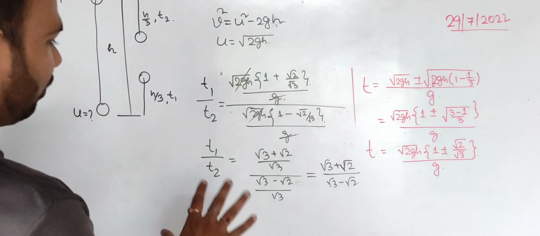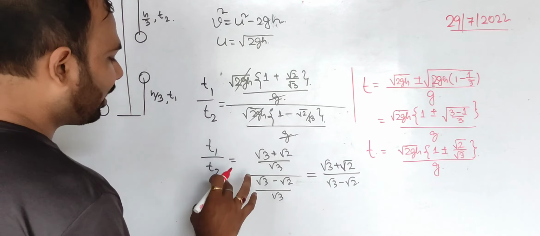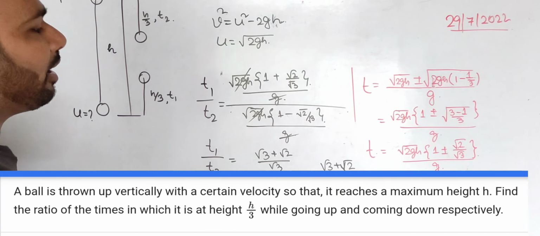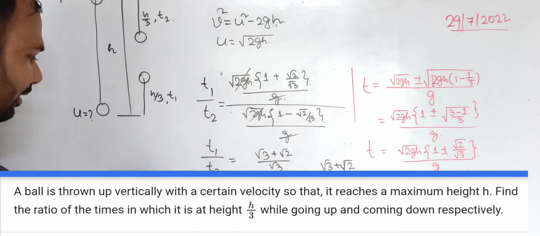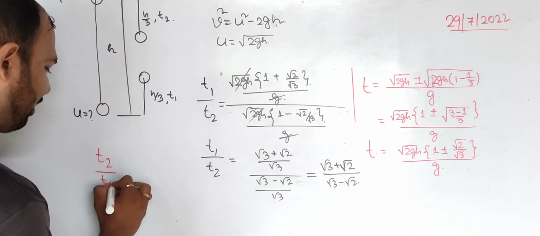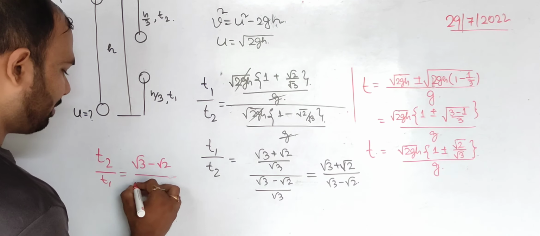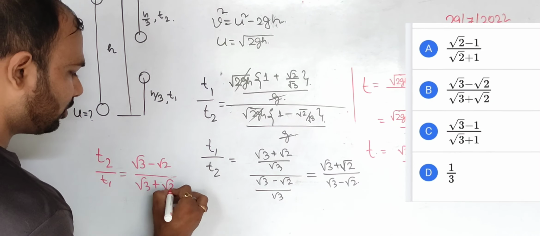Okay, we are not bound to find t1 is to t2. They have asked the ratio of time. The ratio of time can be t2 by t1 also, root 3 minus root 2 by root 3 plus root 2.